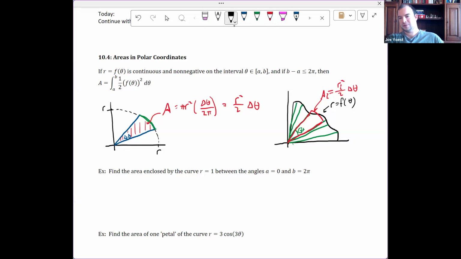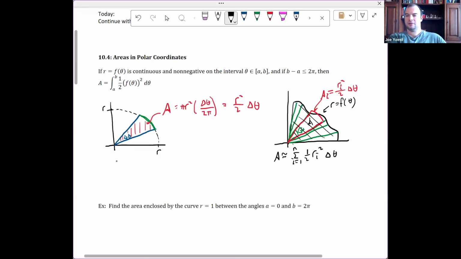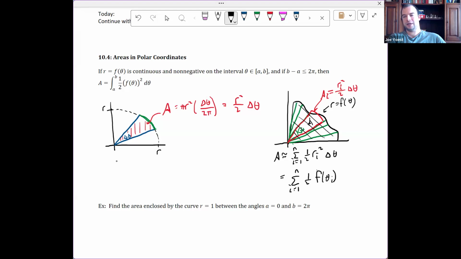Let's say that this whole black area we'll call A. The overall area is approximately the sum from i equals 1 to n of these A sub i's, or approximately 1/2 r sub i squared delta theta, where r equals f of theta, so this is f of theta sub i squared delta theta.